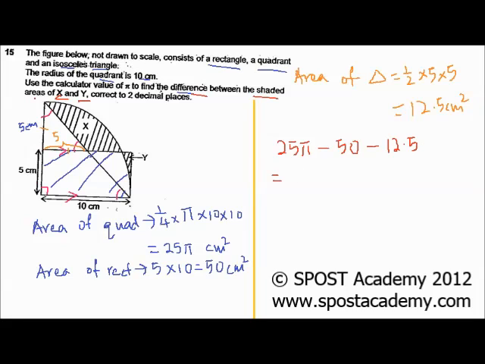And the answer is 16.0398. Since the question asks us to correct to 2 decimal places, it will be equivalent to 16.04 cm square.